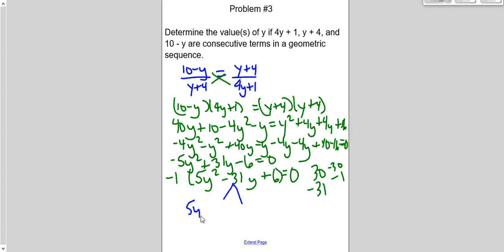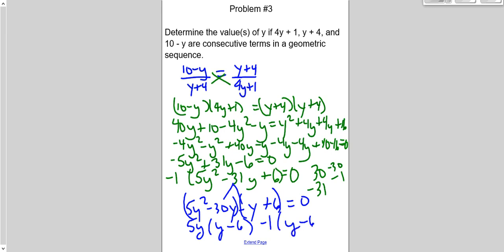So 5y squared minus 30y minus 1y plus 6, bracket, bracket, bracket, bracket, 5y, y minus 6, negative 1, y minus 6.